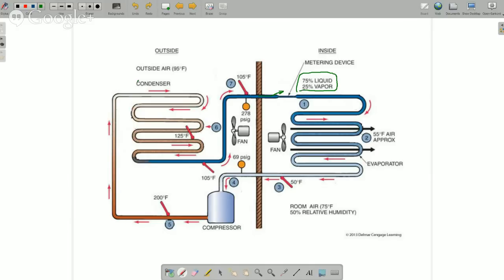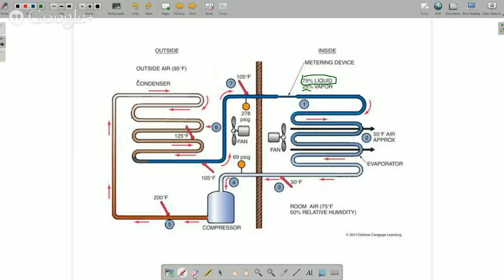That 25% vapor actually has no cooling capacity at all. It is part of the refrigeration process, but it has no cooling. So the manufacturers have to design the coils so that they're large enough to compensate for that 25% vapor, and so that the rest of the liquid that makes it through to the evaporator coil is sufficient to cool the house.